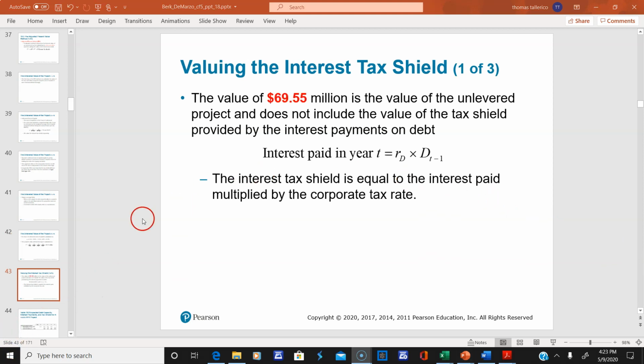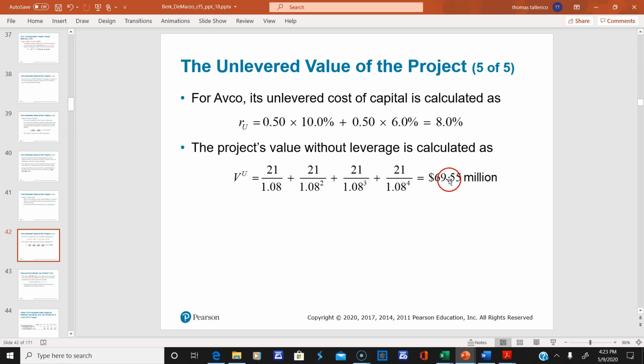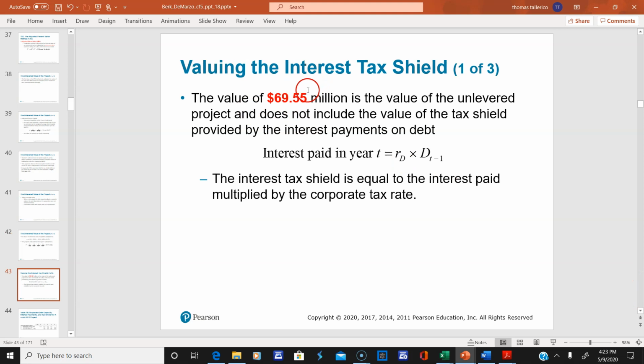There was another error in your book on the slides. As you can see, I'll go back one slide. This was 69.55 that we calculated, and this had some other crazy number. This is now fixed. Again, this is the unlevered project and doesn't include the value of the tax shield.